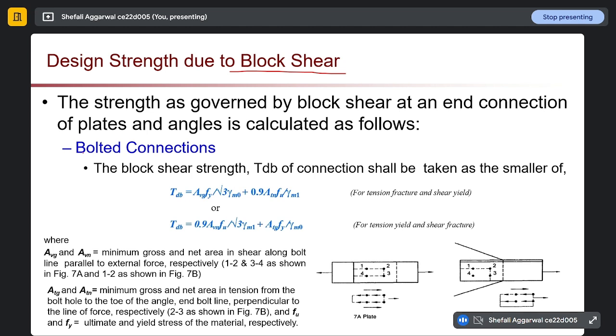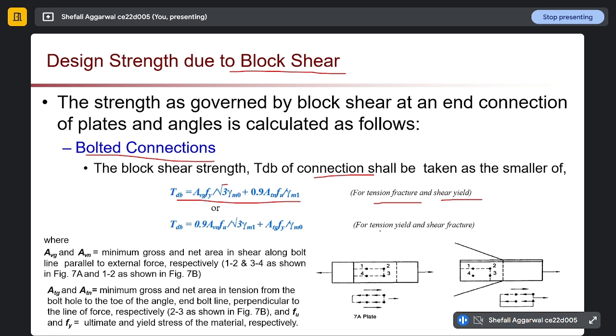So if we have a bolted connection, then our block shear strength TDB of the connection is given by AVG FY divided by root 3 gamma M0 plus 0.9 ATN FU divided by gamma M1. So this is the case when we have shear yielding and tension failure.